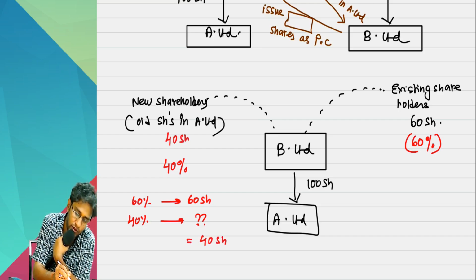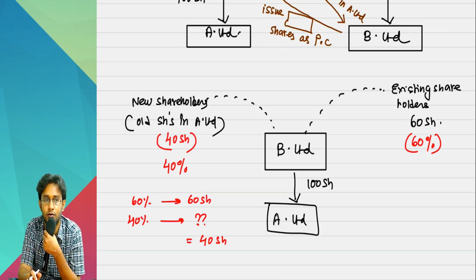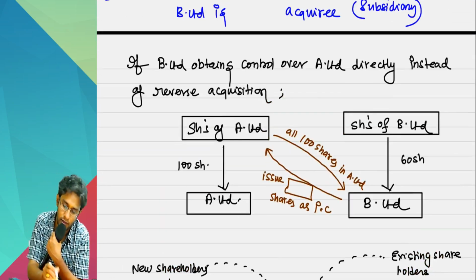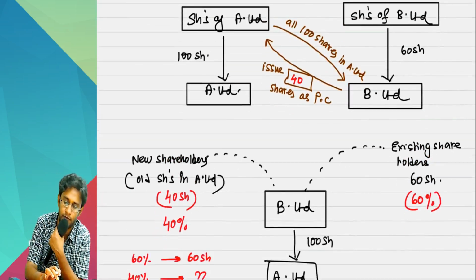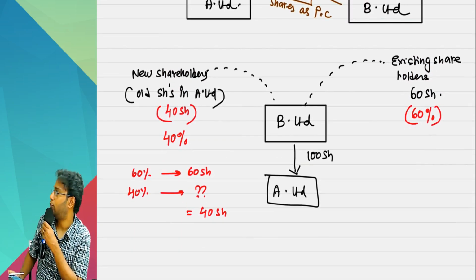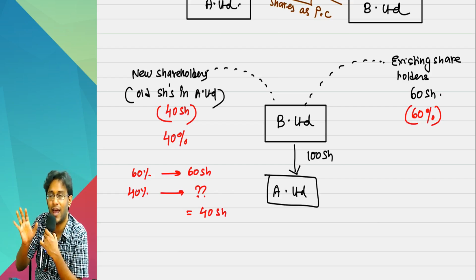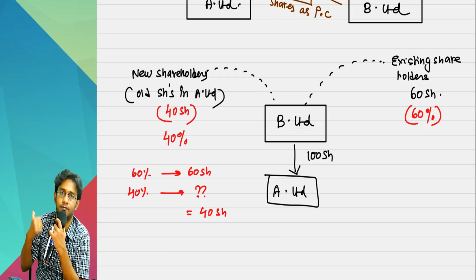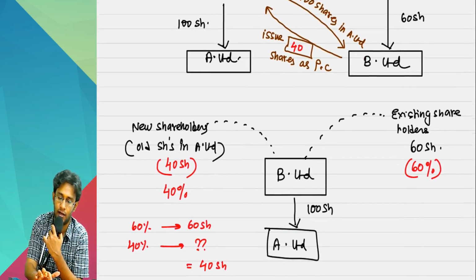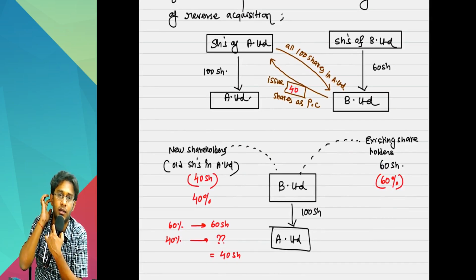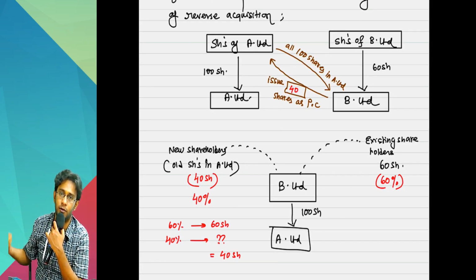So I would have issued 40 shares to them had I done this directly. So here the number is 40. You have to do the entire consolidation assuming that the transaction actually got executed like this. Keep this diagram in mind and do the entire business combination consolidation effect with this. This is what they expect you to do.